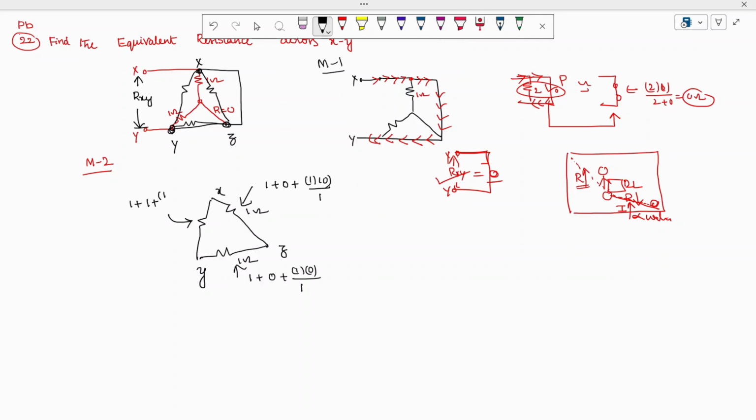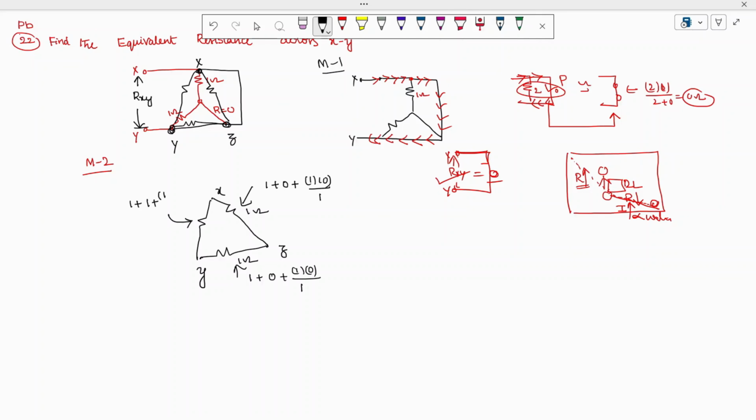Infinity plus 1 is infinity. So this branch is offering R equal to infinity. Whenever R is infinity, it means this branch is open circuited, offering a resistance of R equal to infinity.